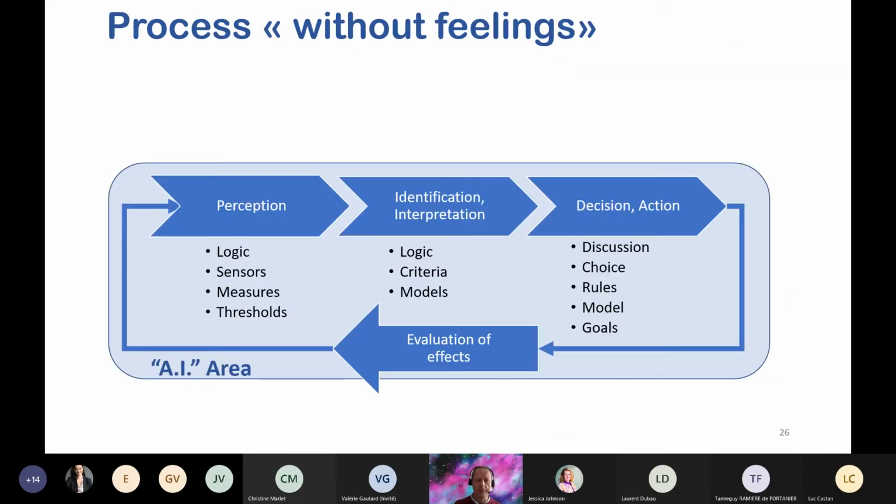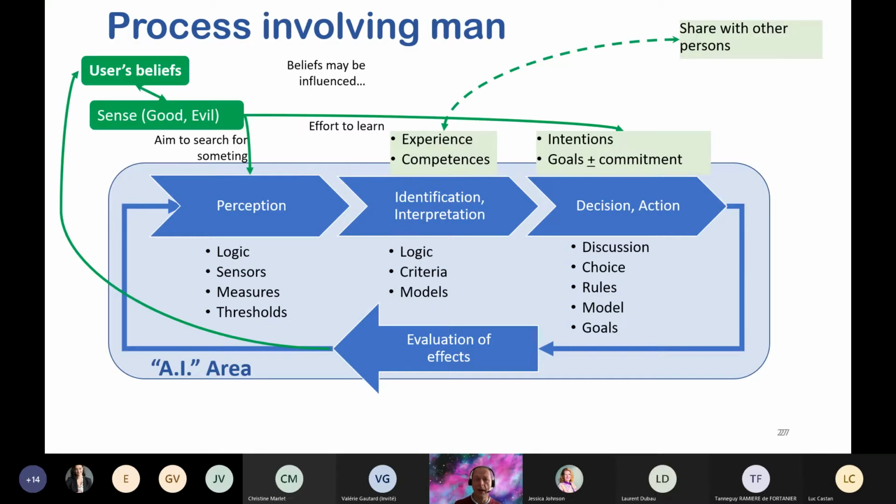That's a consequence. Here's the process without feelings. We perceive information, we interpret, we decide, we act, and then we evaluate the effects. So this, an AI can do perfectly well. Now, if I add to this what human beings usually do, human beings can add some feelings, some sense. They aim at searching something.